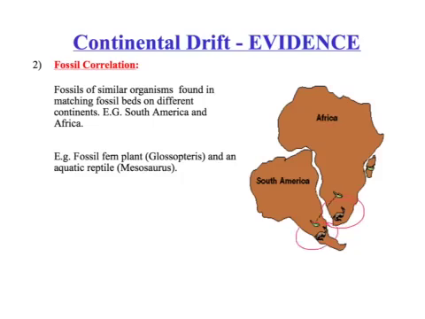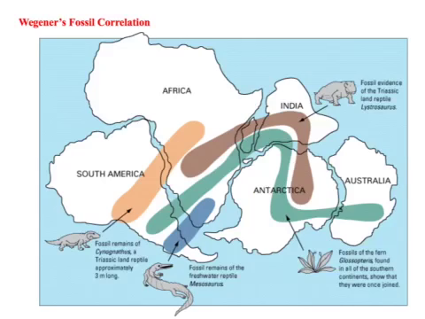And so that would only make sense if the two pieces of land were together and the Mesosaurus were roaming around, and then the two continents rifted apart and went their separate ways. He not only did it for the Mesosaurus, he also did it for the Glossopteris, as you can see in this diagram, and he did it for a couple others. So you can kind of see the fossil correlation, and you can also see the migration patterns of these different species when they were together as one supercontinent.